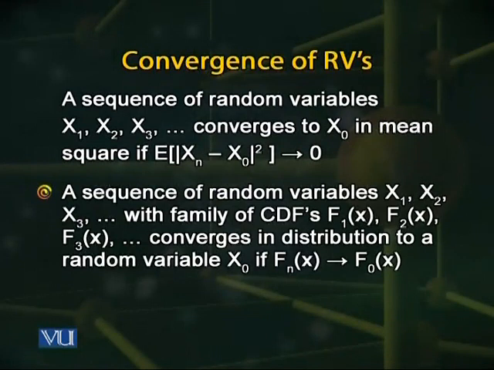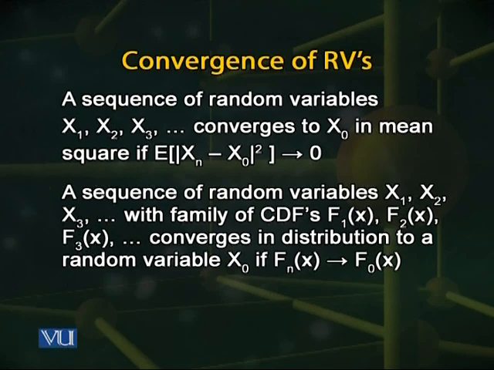You have a collection of random variables x1, x2, x3 and so on, and there is a destination random variable x0, and then you say that the CDF of x1, x2, x3, x4 becomes similar and similar to the CDF of x0, the destination random variable.